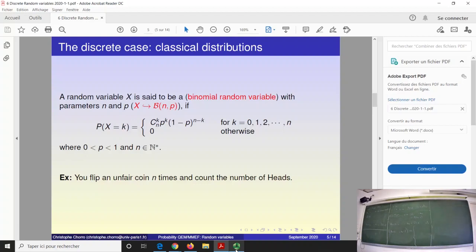What happens for k equal to 0? What is the probability that the sum is equal to 0? All of them have to be equal to 0. If I want the sum to be equal to 0, I don't have the choice, because they take values 0 or 1, so it means that they are all equal to 0.